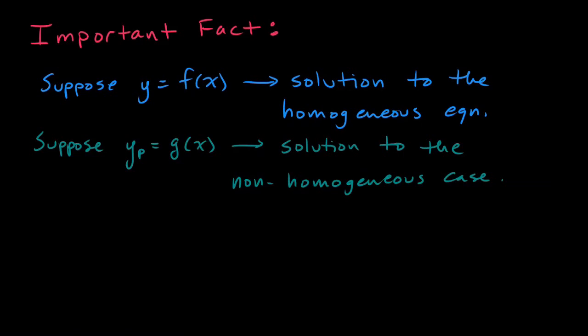Okay, so y sub p stands for the particular solution to the non-homogeneous case, and I can actually put a little h on my y, y sub h, to denote that it's a solution to the homogeneous equation.